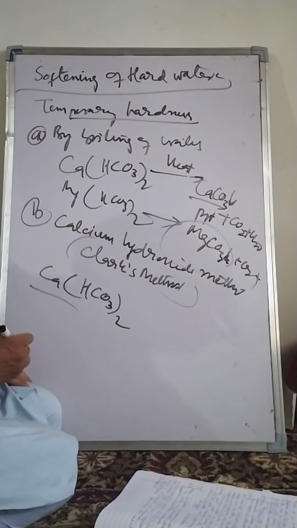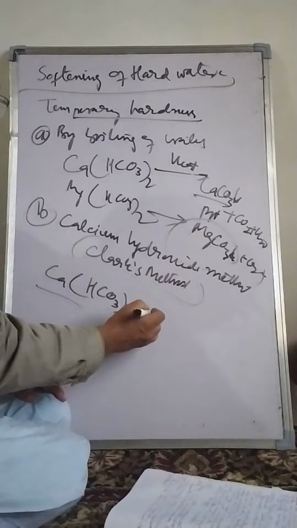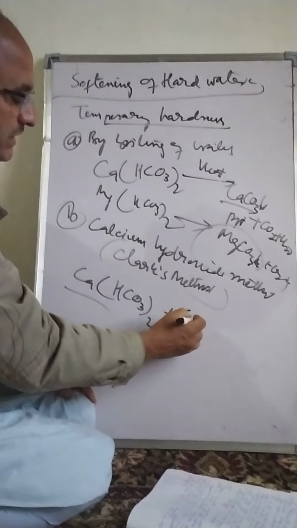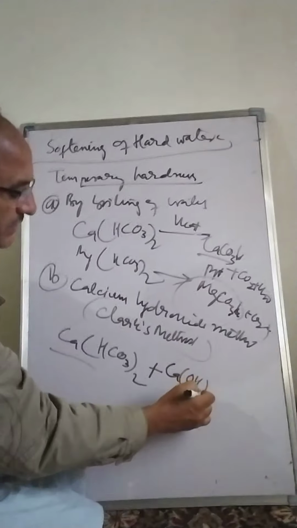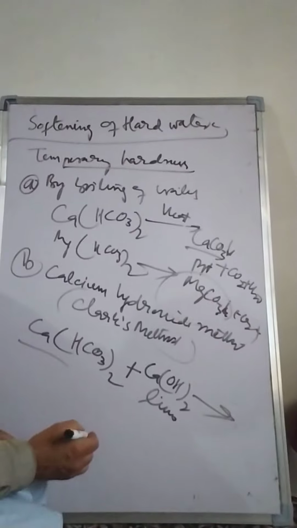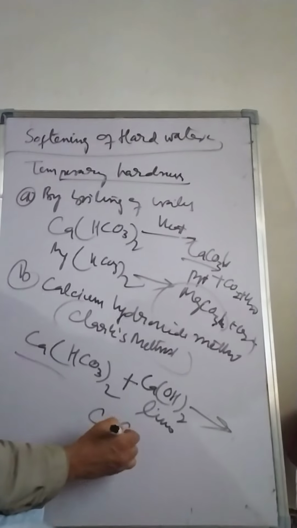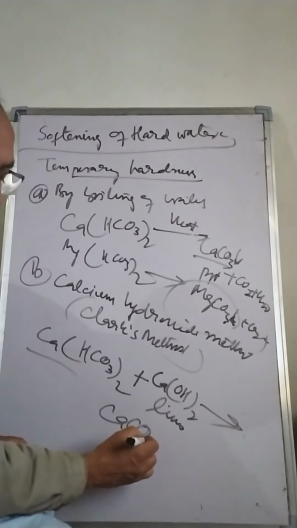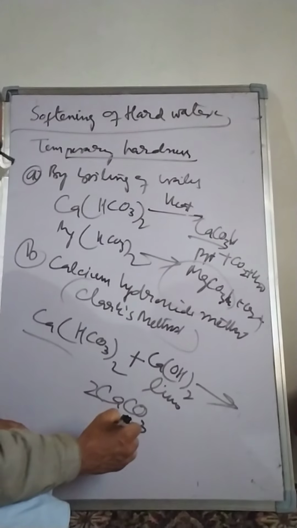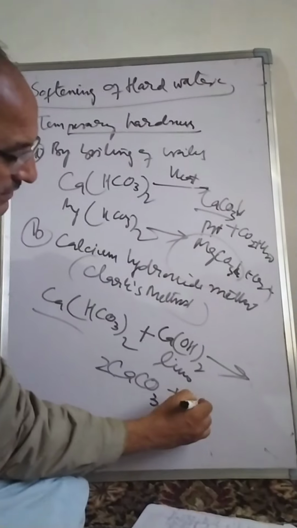Our hard water contains calcium bicarbonate or magnesium bicarbonate. When we add to it calcium hydroxide, which is lime, it reacts with this calcium bicarbonate to produce calcium carbonate and water.